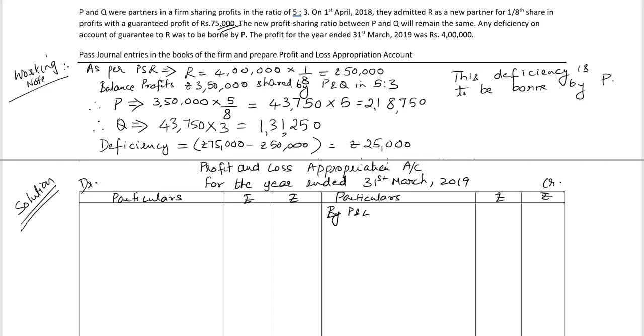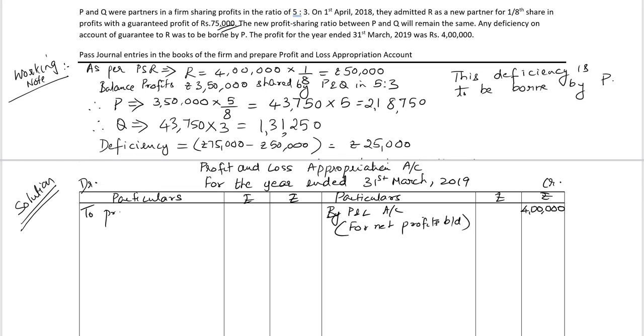By profit and loss account for the net profits brought down. Net profits brought down rupees 4 lakh. These profits need to be transferred to the partners' capital accounts in profit sharing ratio.